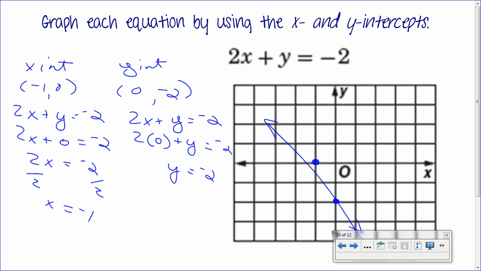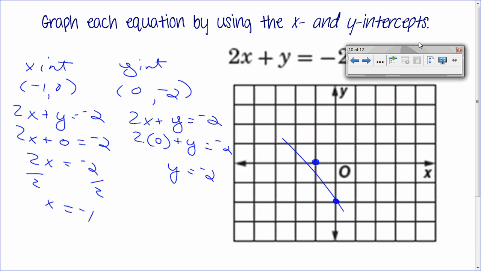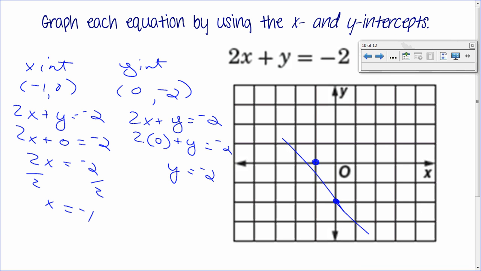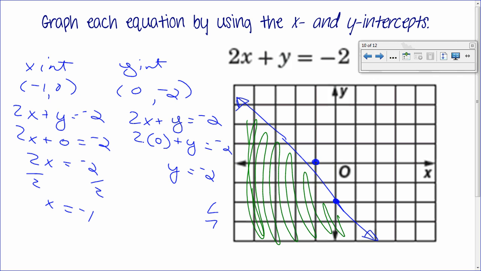You want us to keep making them all the way to the end of the graph? Yes. That's a great question. I don't do it just for speed purposes, but Jetta brought up a good point, and I'll explain why. Your lines need to go all the way up to the edge. Why do they need to go to the edge? When we start doing inequalities, you're going to have to shade one side of that line.